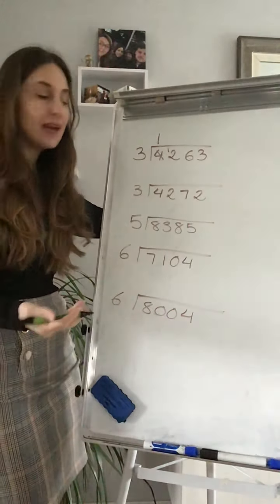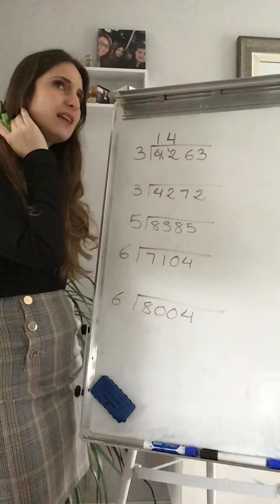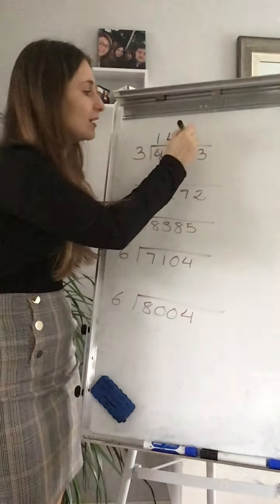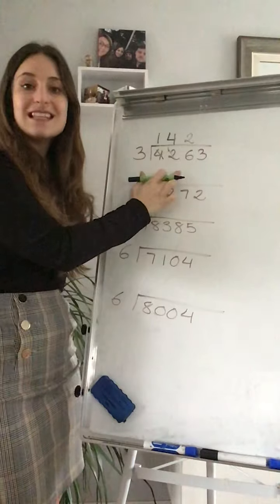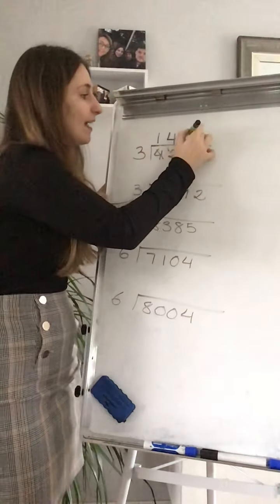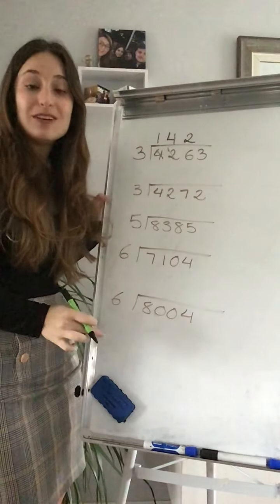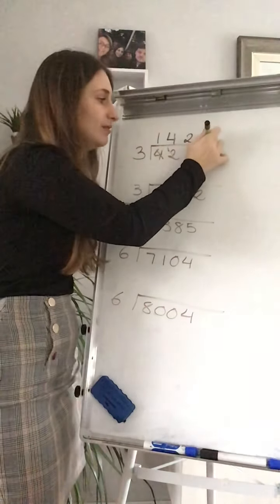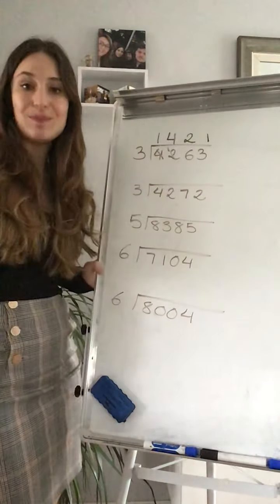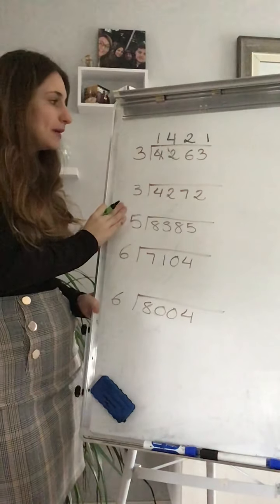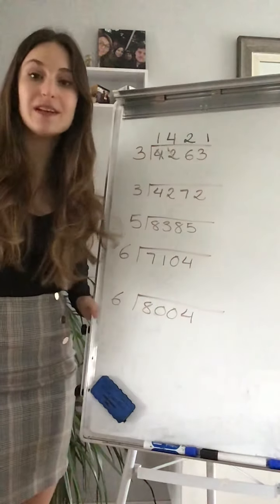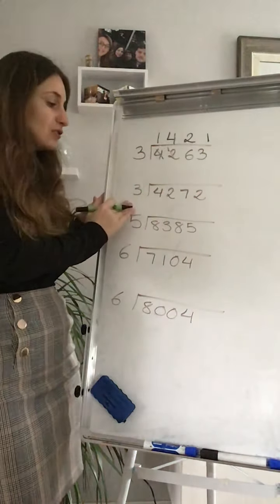Now I go to my 6. 6 on my 3 timetable? Yeah. 2 times 3 is 6. And then I go to my last one. 3 is on my 3 timetable? Absolutely. 1 times 3 is 3. Your answer is 1421.